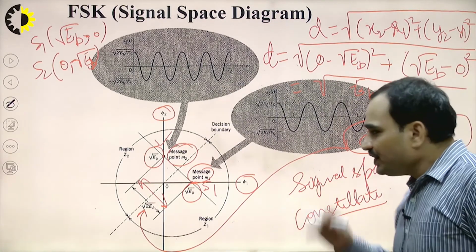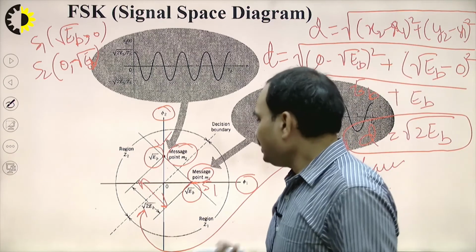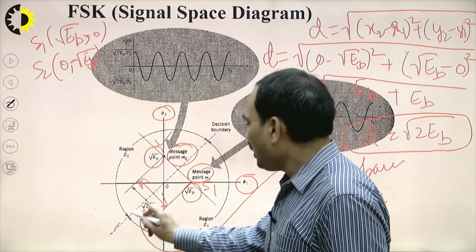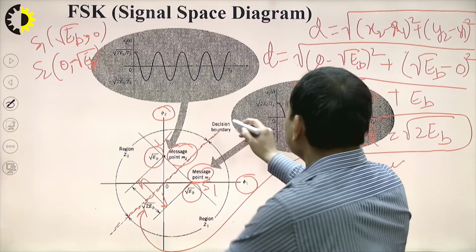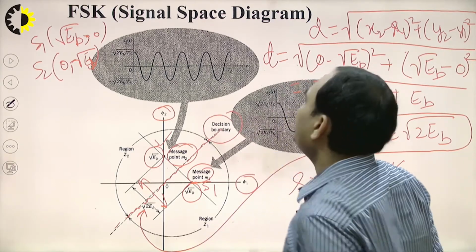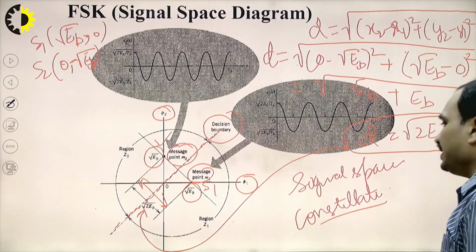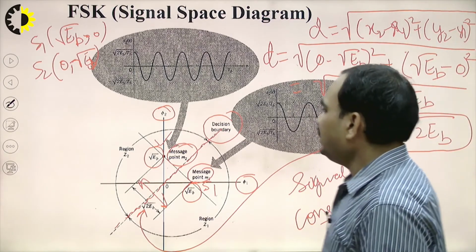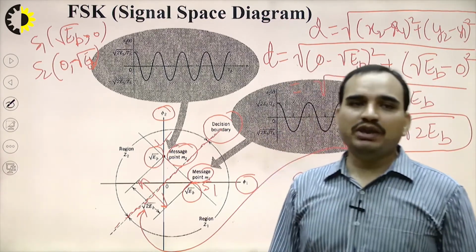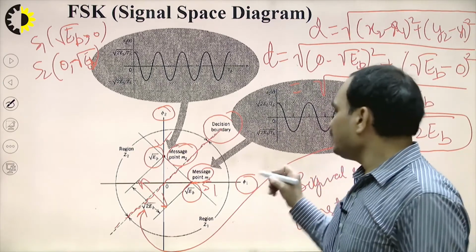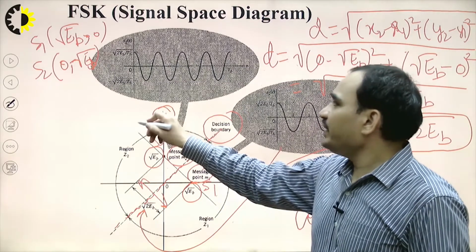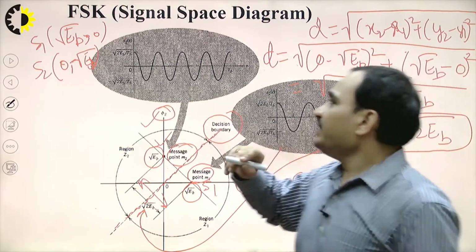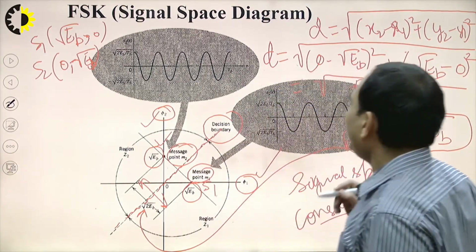Now half of the distance will be the threshold level, or the decision boundary for an FSK signal. So we are representing our FSK symbols in terms of the orthonormal basis functions phi 1 and phi 2.